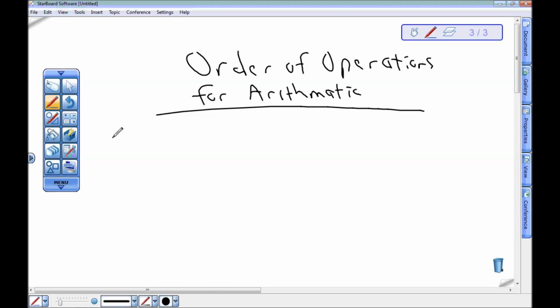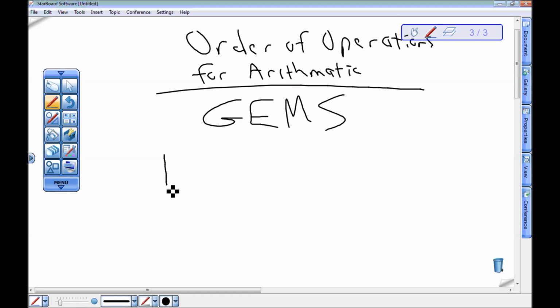I'm going to present GEMS. Okay, so let me tell you how GEMS helps me remember the order of operations for arithmetic. The first thing I do when I see an arithmetic expression and I need to evaluate it is I look for grouping symbols.